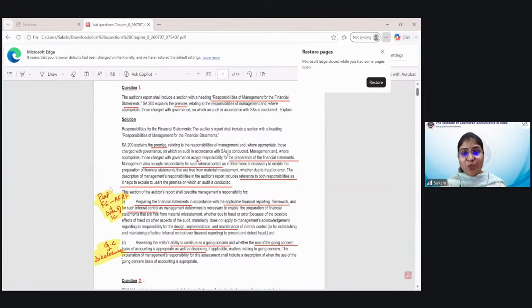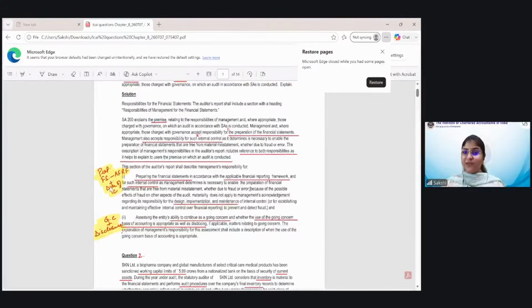Explain. Now, what have you to explain in this question? You have to first tell what is the premise, okay, and how does the auditor's report describe the management's responsibility. All right, so two parts to it.